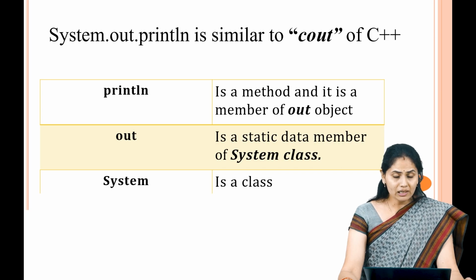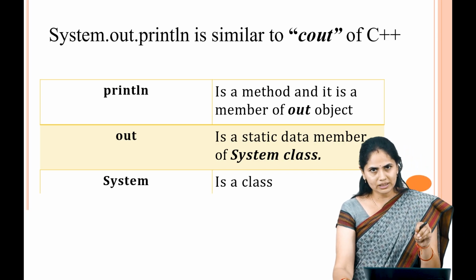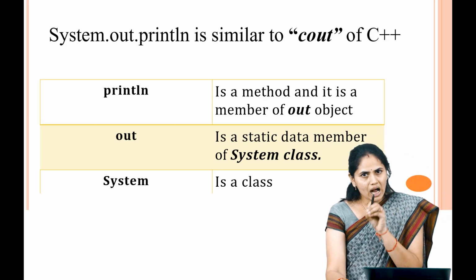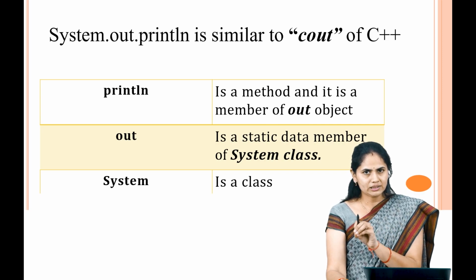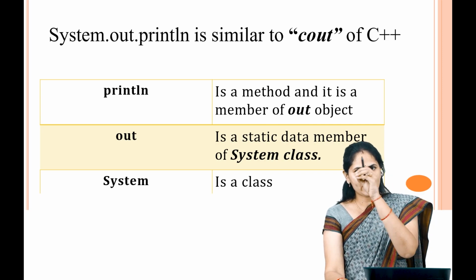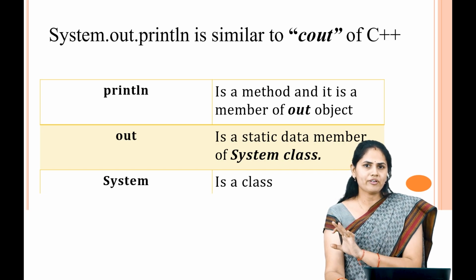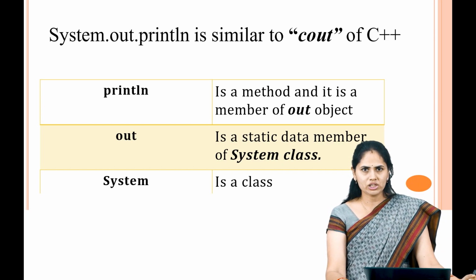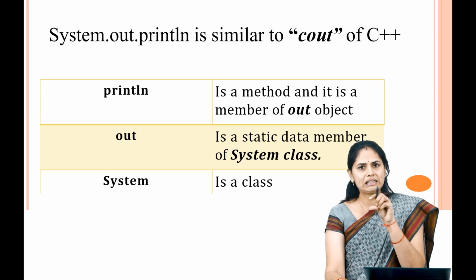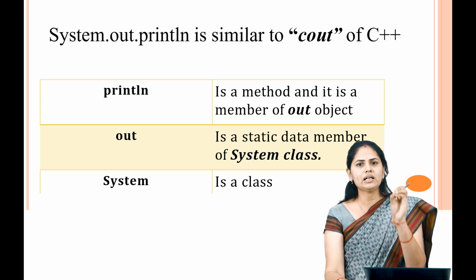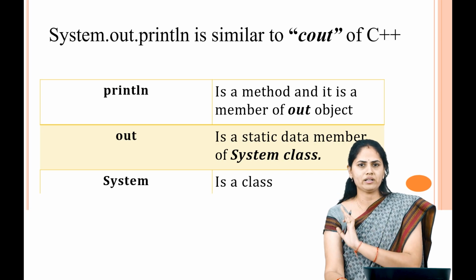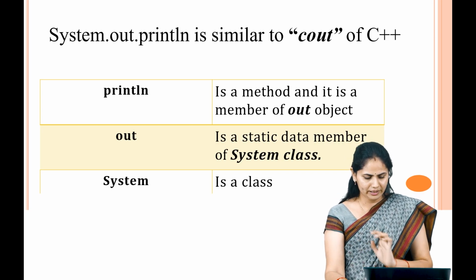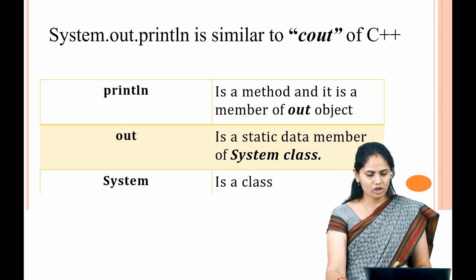System is a class. We can say out is an object of that class, and with that object we are accessing the print function. That is why whenever we need to print something in Java, we need to write these three words together, System.out.print or println.